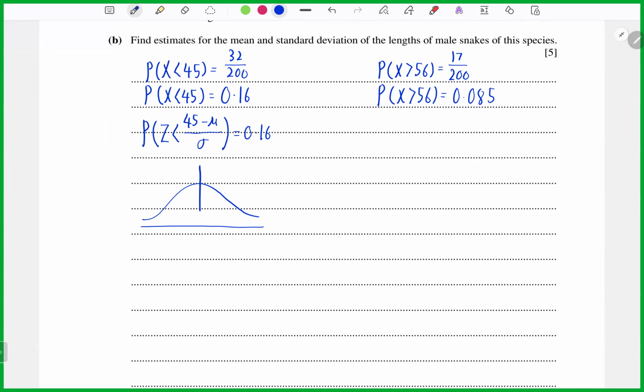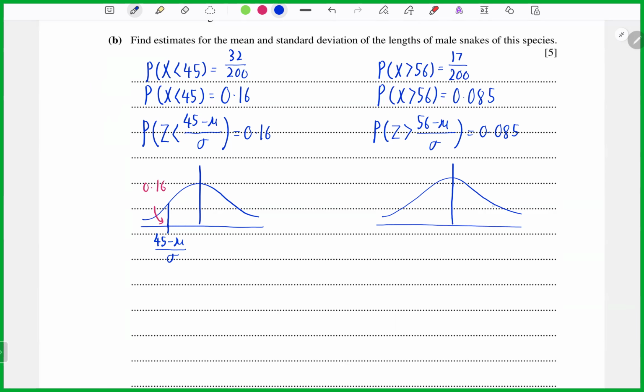Because it's less than 0.5, you should have a negative here. You need to write (45 minus mu) divided by standard deviation, and this is a probability 0.16. And now we change z more than (56 minus mean) divided by standard deviation equals 0.085.